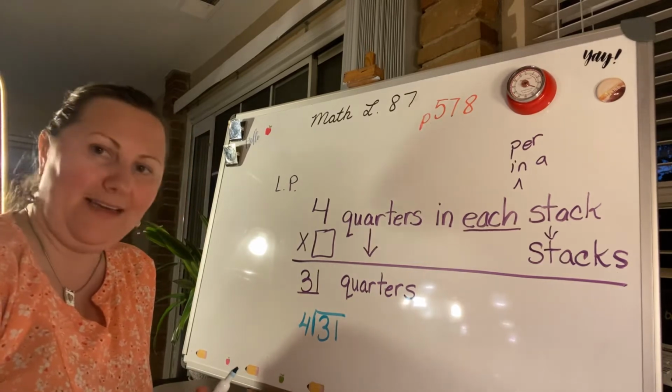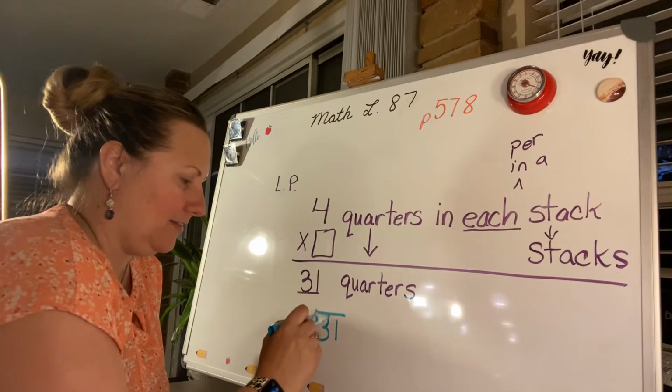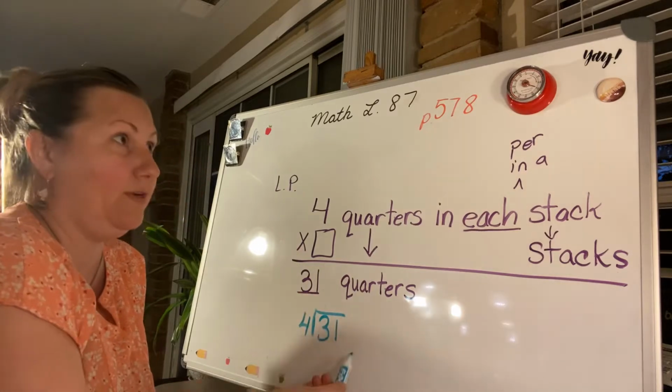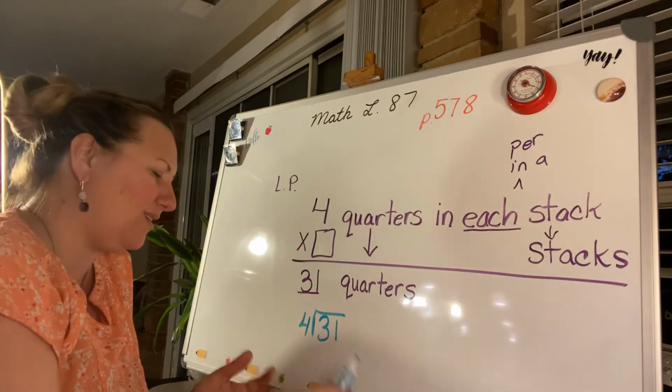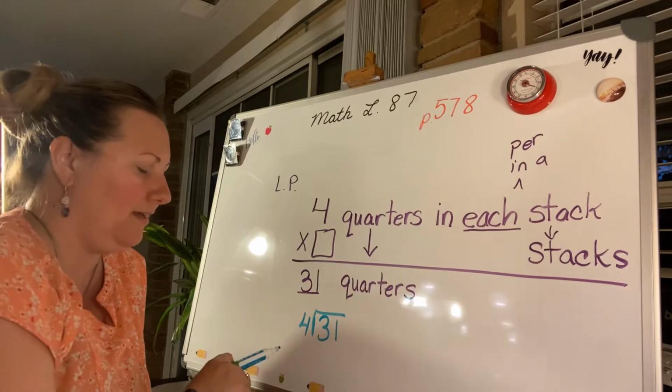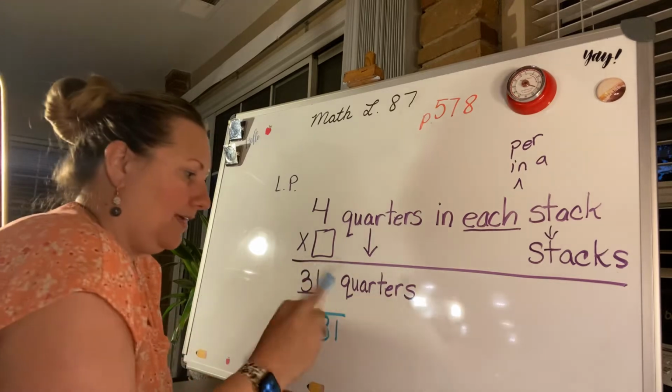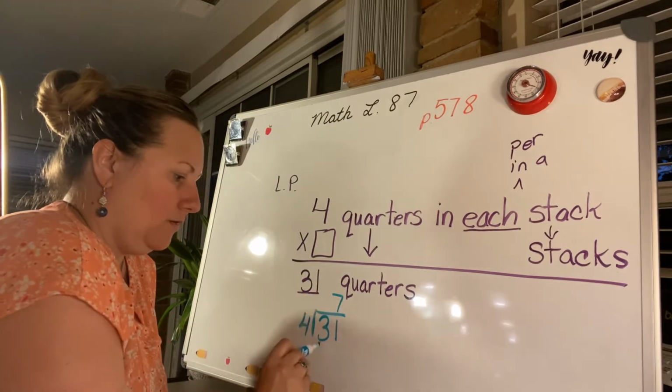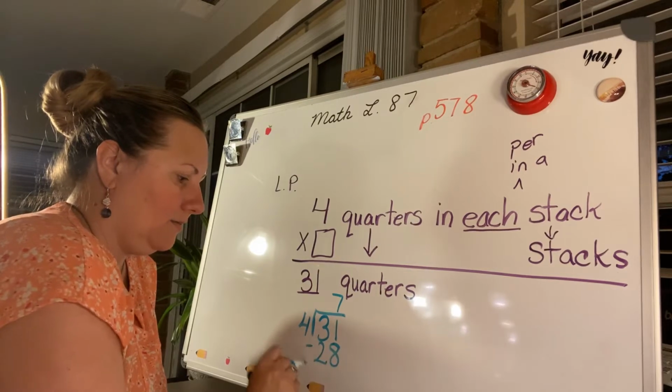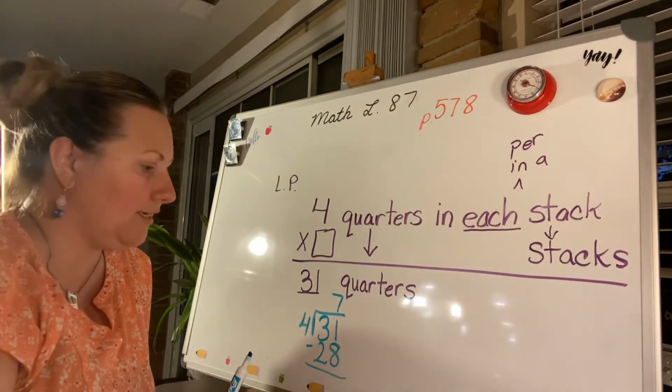Well, the closest thing I can think of is a 7. Like 6 times 4 would be 24. That's too small. More 4s can fit in there. So I'm thinking 4 times 7, which gives us 28. We didn't go over, so that works.